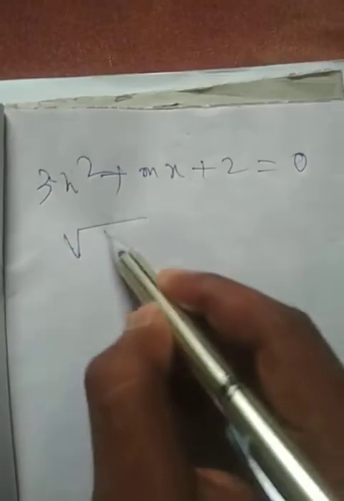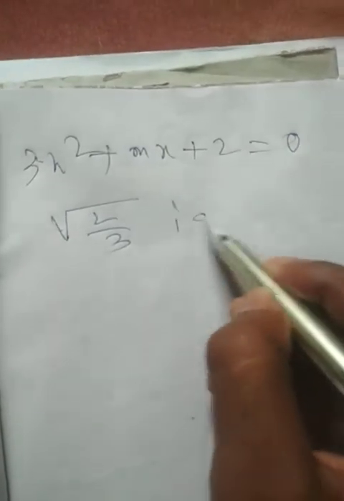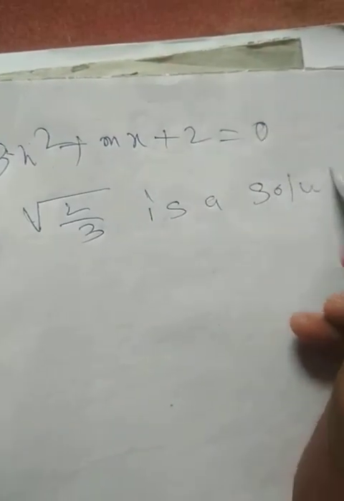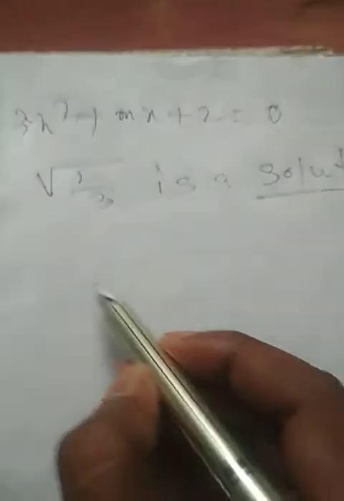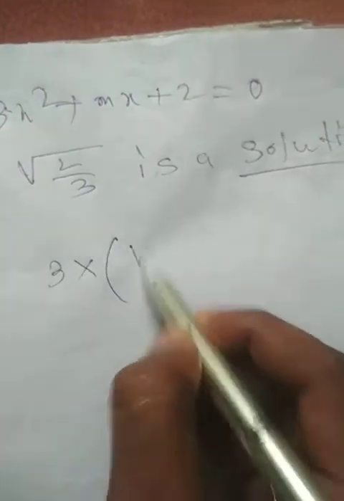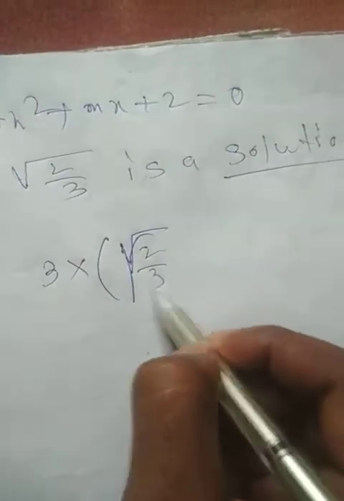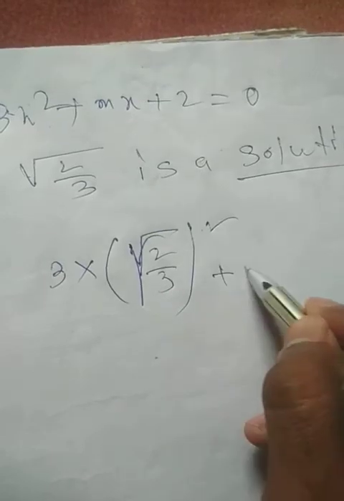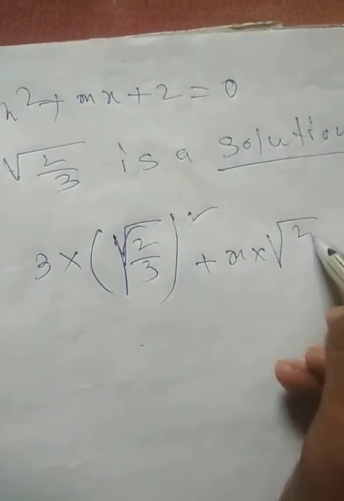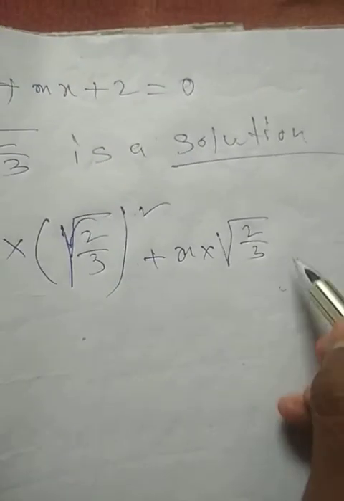It is said root over 2 by 3 is a solution. That means you have to put the value of x here equal to root over 2 by 3. So I can write 3 into root over 2 by 3 square plus m into root over 2 by 3 plus 2.